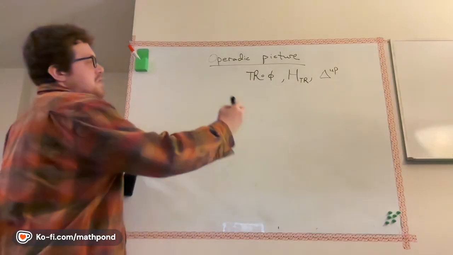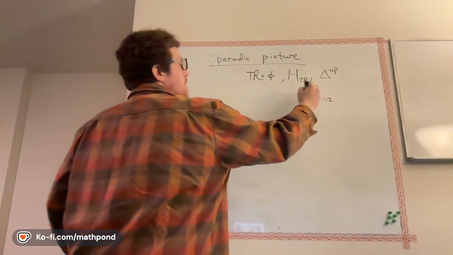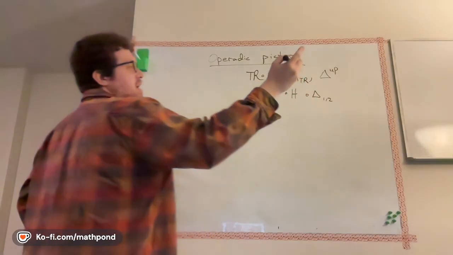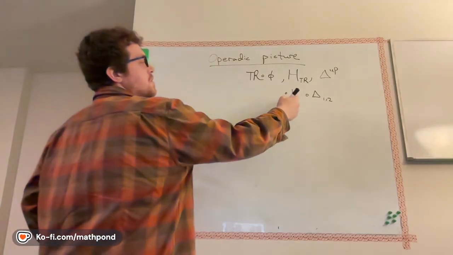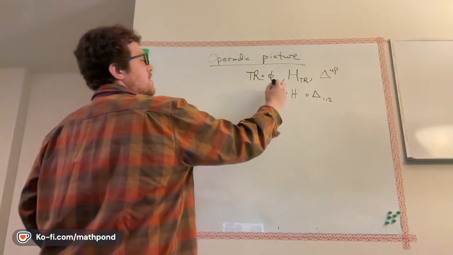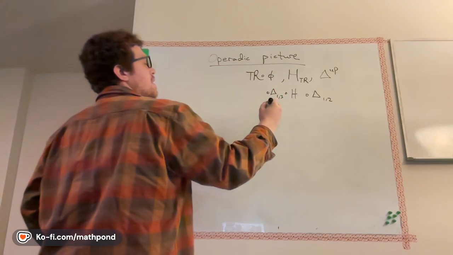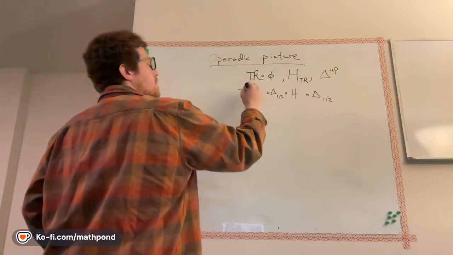And so what was the composition we had before? We had delta 1, 2, then we had Xi, so instead I'll just write big H, and I don't want to write the TR every time, so it's delta, H, delta 1, 3, and then instead of AW, we'll have this detuppling TR.